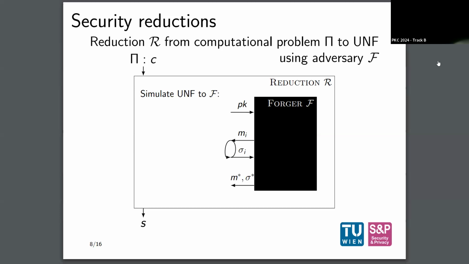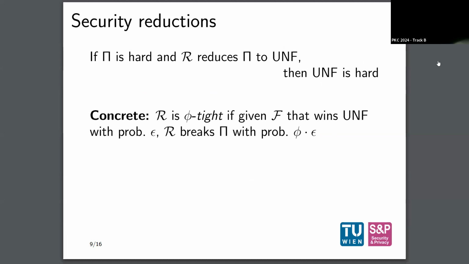What the reduction does is it gets the instance, it then simulates the game to the forger, and it tries to use that forger to solve the initial problem. Really what we can use a reduction for is to make the statement, like the contraposition: if pi is hard and R reduces the problem, then unforgeability must be hard also.